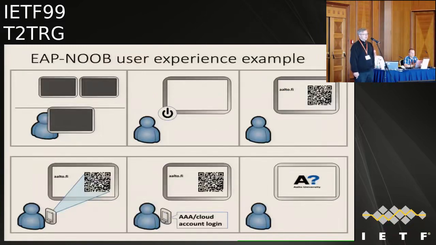You go and buy lots of displays and start hanging them on the walls. Maybe the number of displays is so large that you would like to make it as convenient as possible, and the display also has a very limited user interface. It just has a display and possibly a power button.